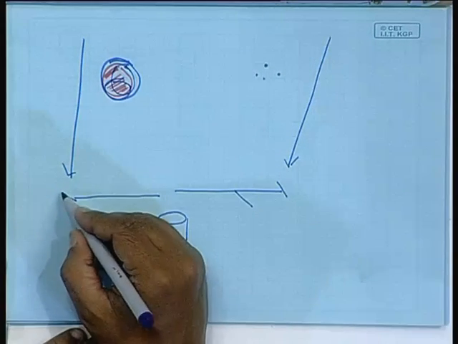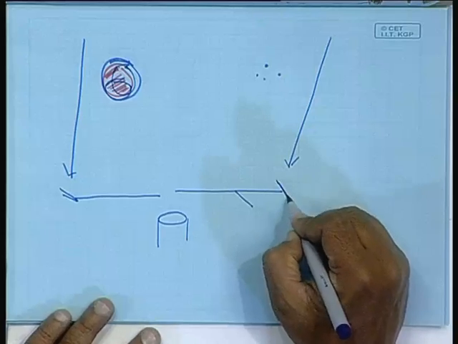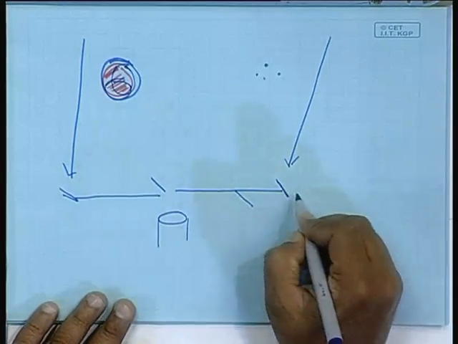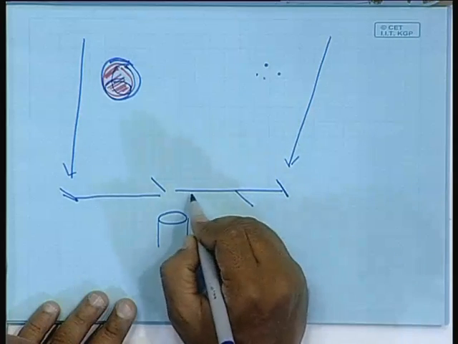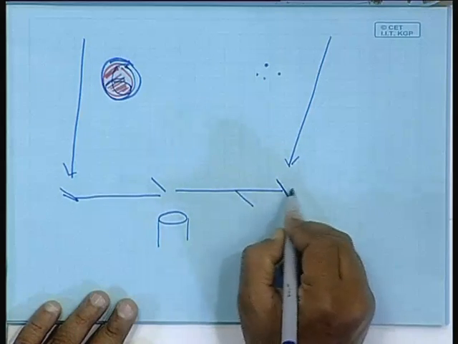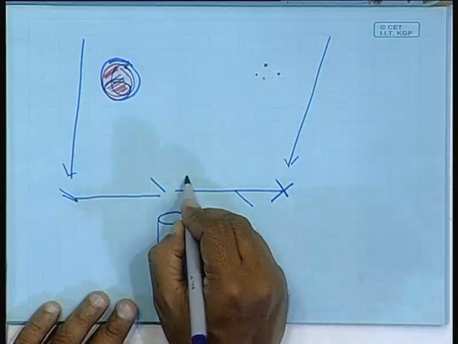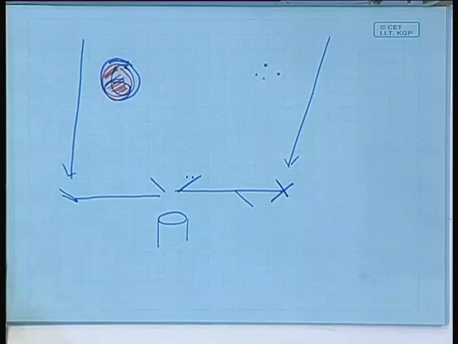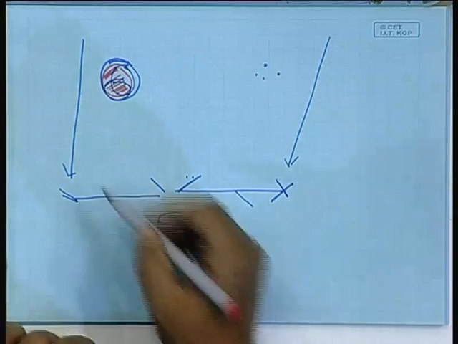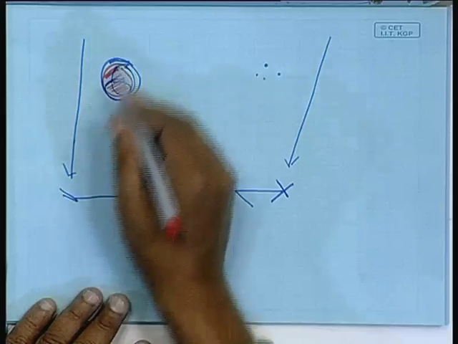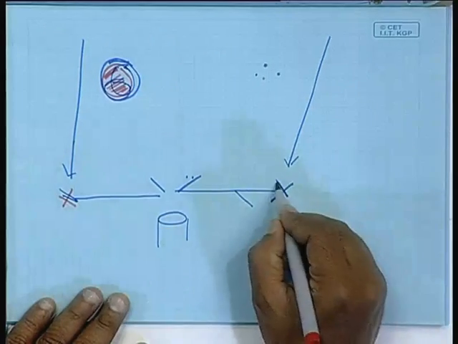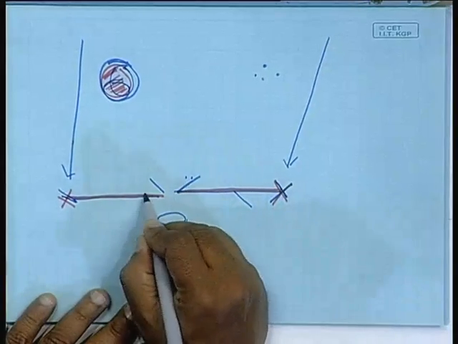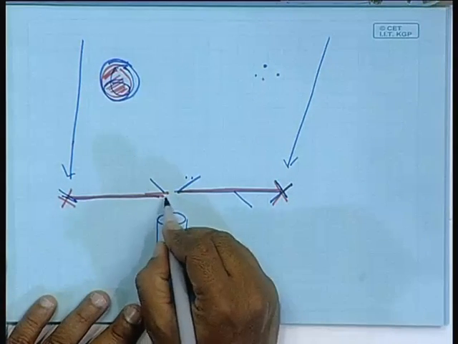There are two mirrors here and an optical arrangement which will measure the wave from this star at this point and at this point, and bring these two waves together through equal path lengths so that there is no time delay, and superpose these.